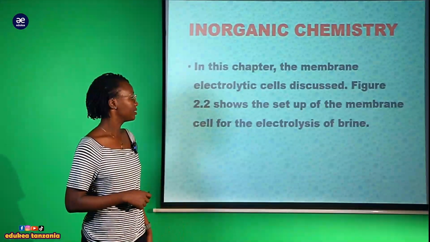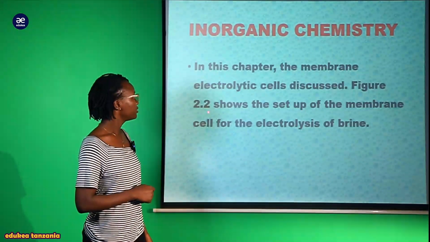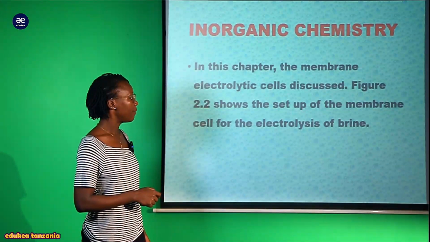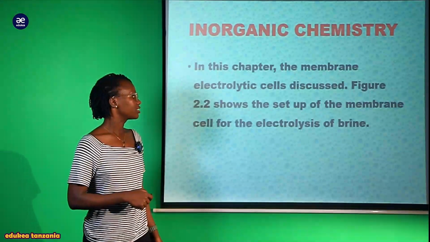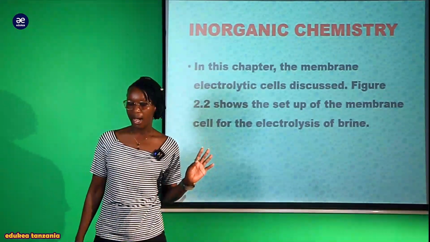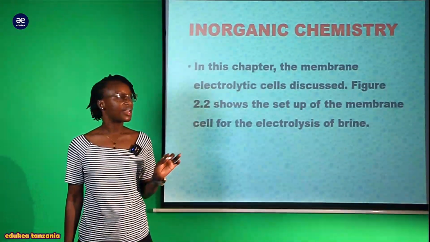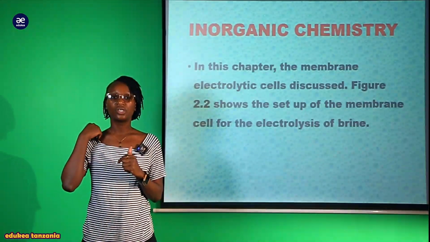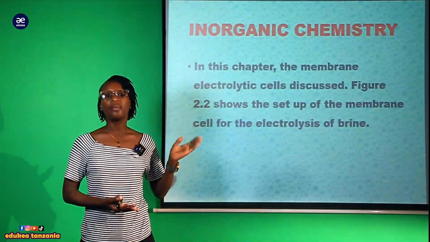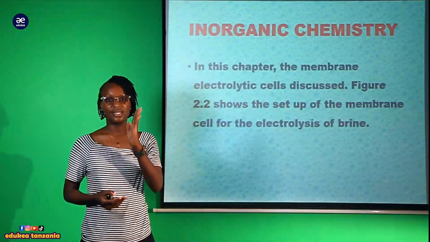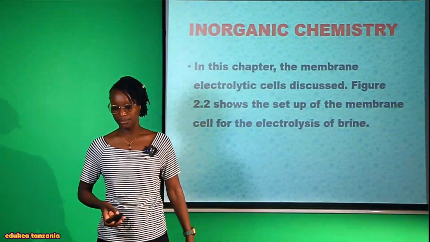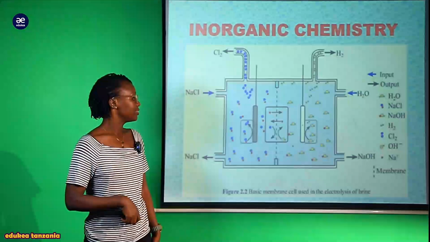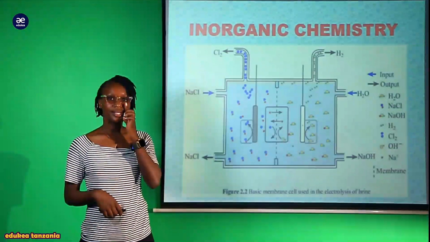So Figure 2.2 shows the setup of the membrane cell for the electrolysis of the brine. We are going to see our figure, which shows the setup of the electrolysis of this brine involving the membrane cell. So my students, this is our figure now.